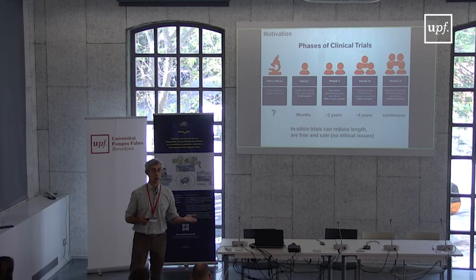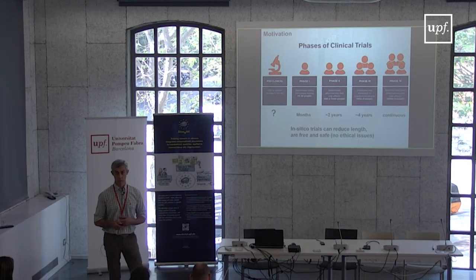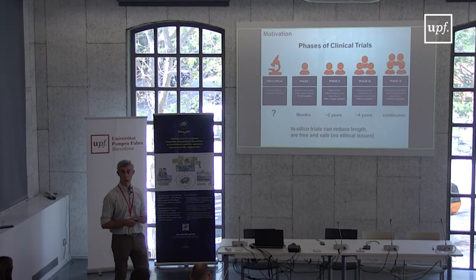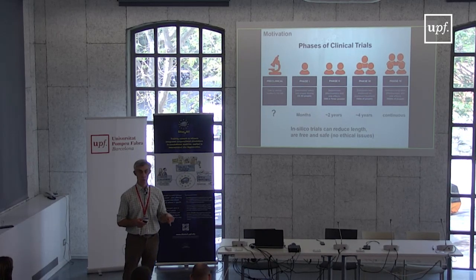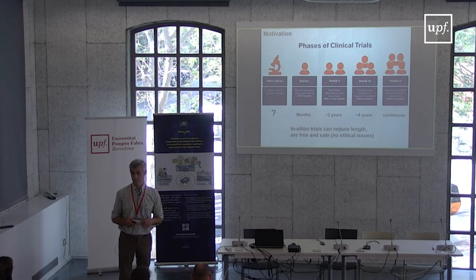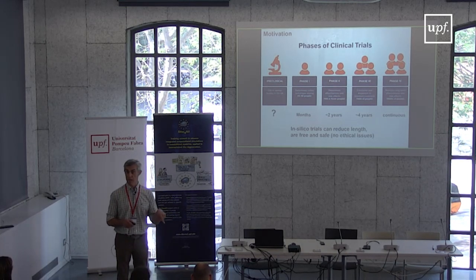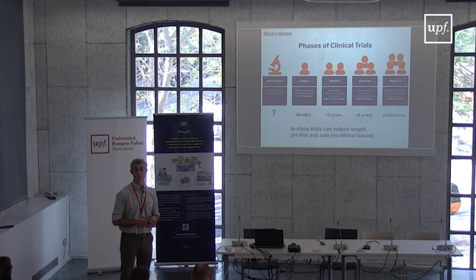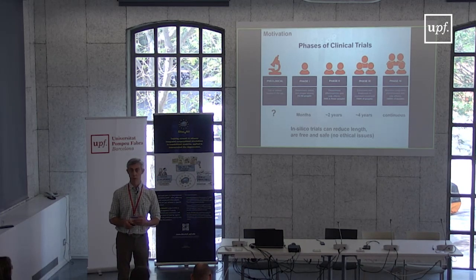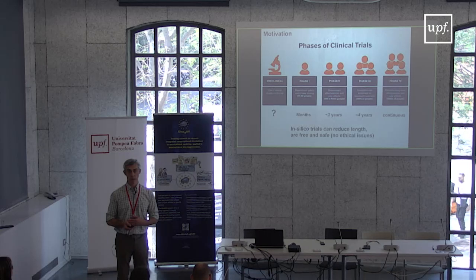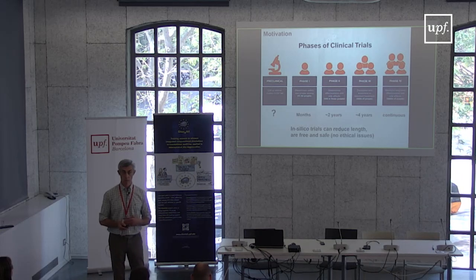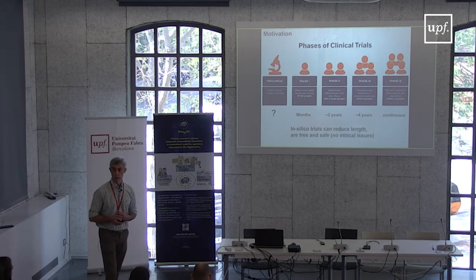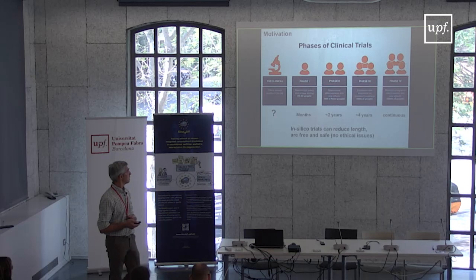And the alternative is in silico trials, because they can reduce the length. We just need a computer. They are free. Just click a button on the computer, and that's it. And it's free of ethical issues because we can try whatever combination you may think of. So that's a very powerful tool, I think.